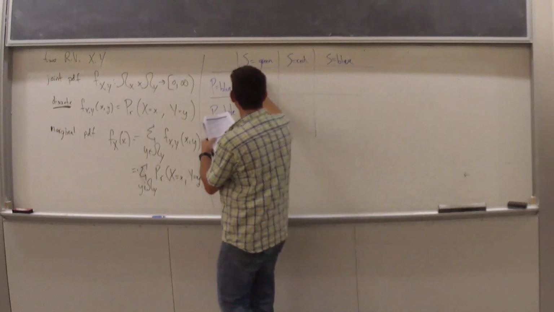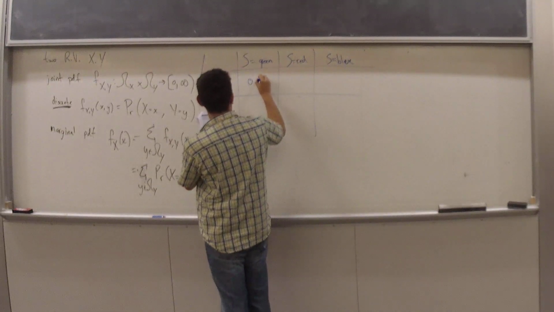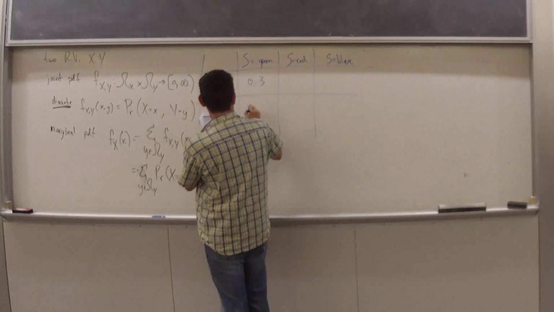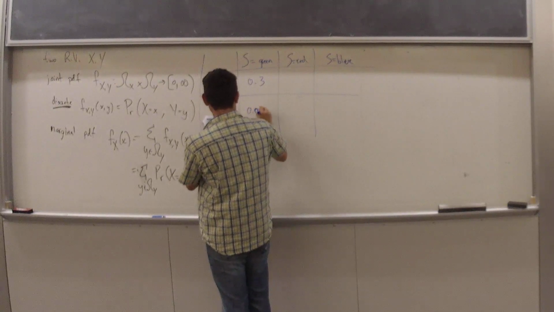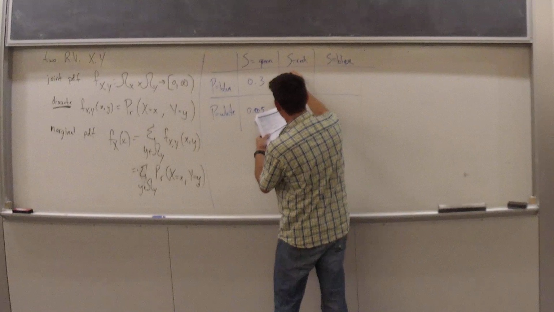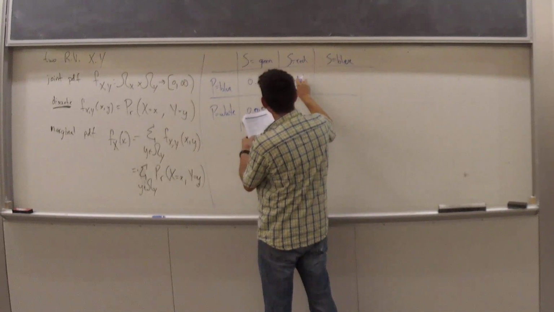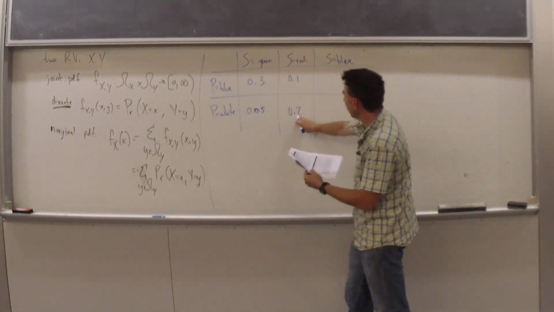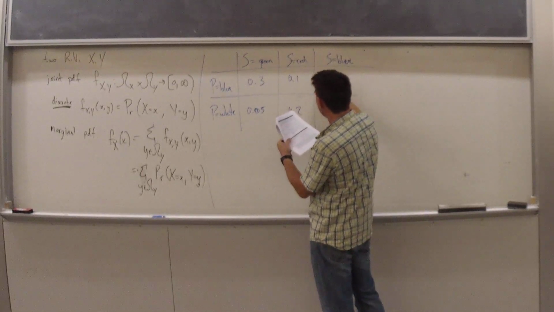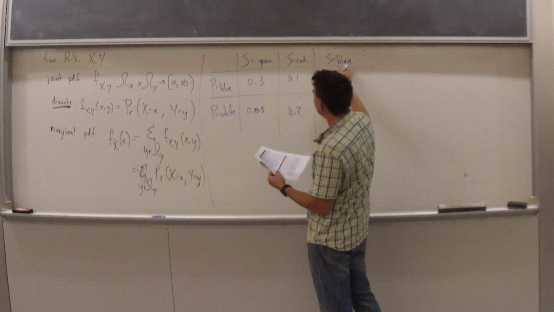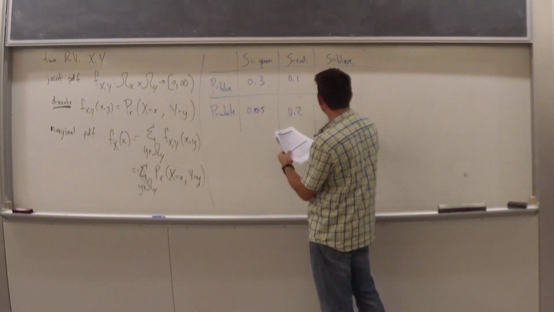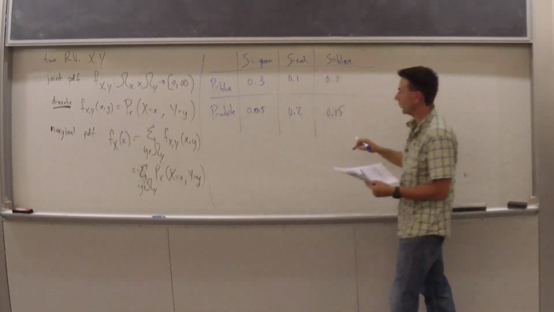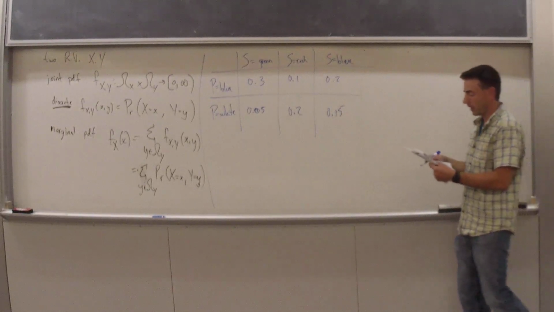Let's say the probability he had a green shirt and blue pants was 30%, 5% chance white pants and green shirt, red shirt and blue pants was 10%, red shirt and white pants 20%, 20% blue shirt and blue pants, and 15% blue shirt and white pants.